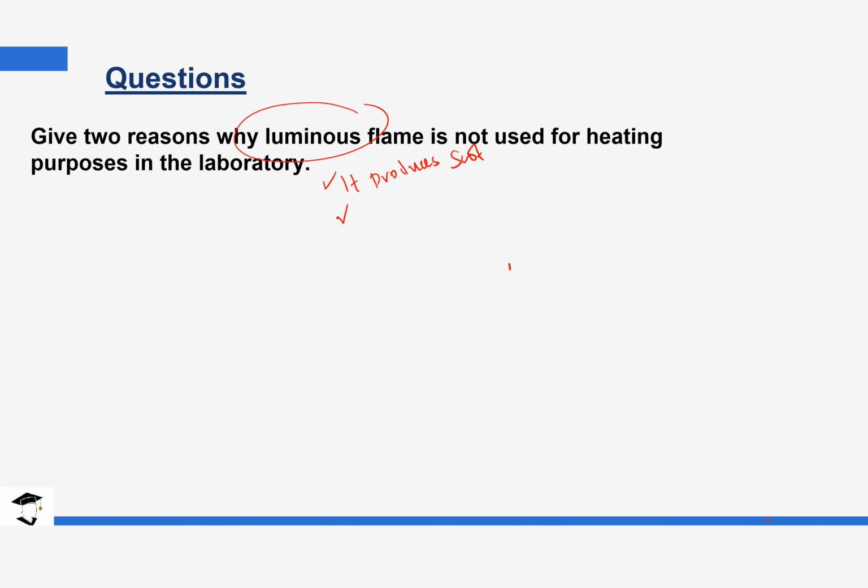Number two, it does not produce a lot of heat. And we know the reason it does not produce a lot of heat is because it does not burn completely. The laboratory gas does not burn completely because there's no sufficient air getting into the chimney.